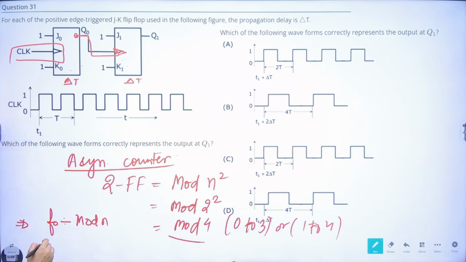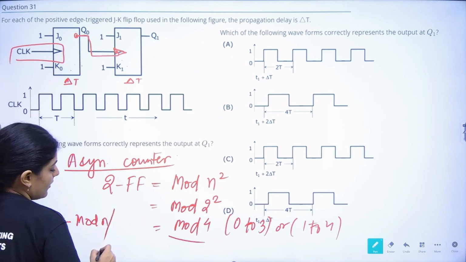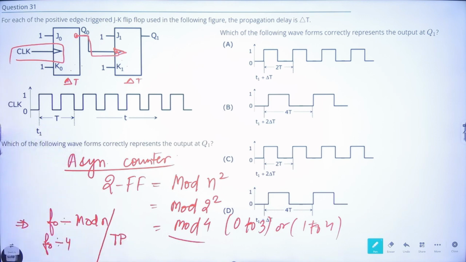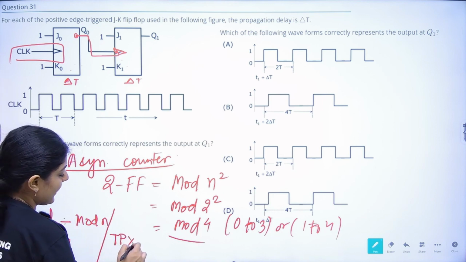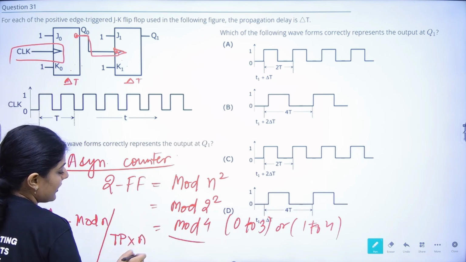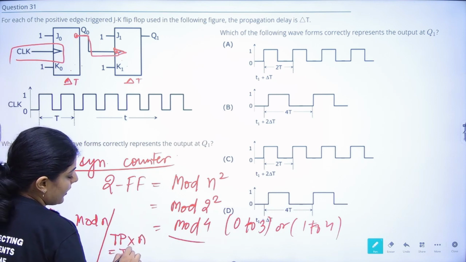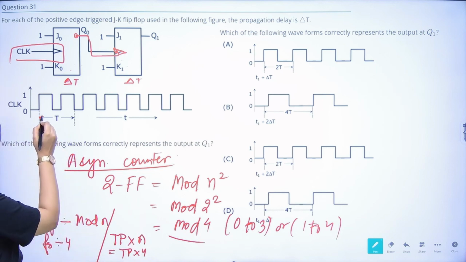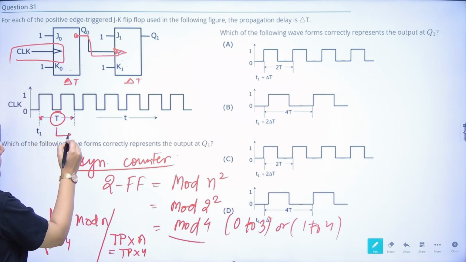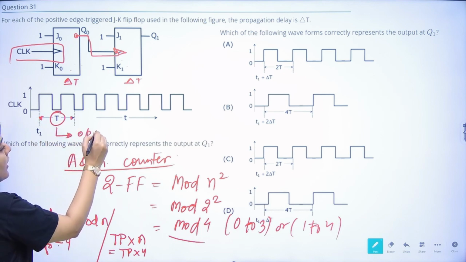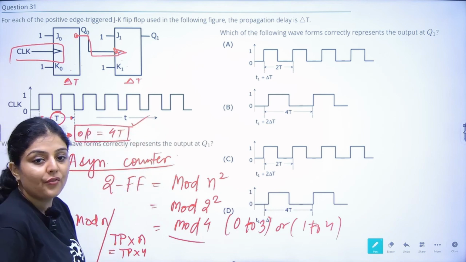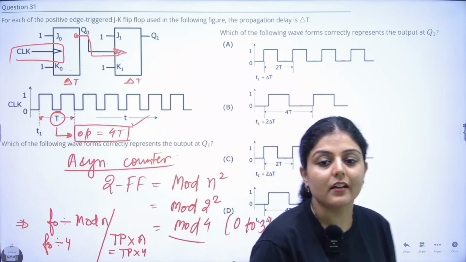That means the frequency will be divided by 4, and simultaneously what happens to the time period? If frequency is getting divided, the time period is multiplied by that value, right? Multiplied by the mod value. So the time period will become 4 times. So if the time period here is t, the time period of the output will become 4 times t. Easy, 4 times t.